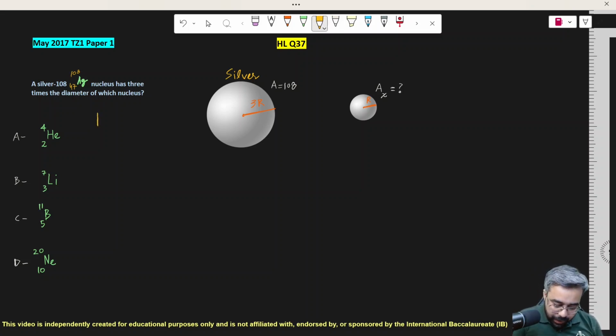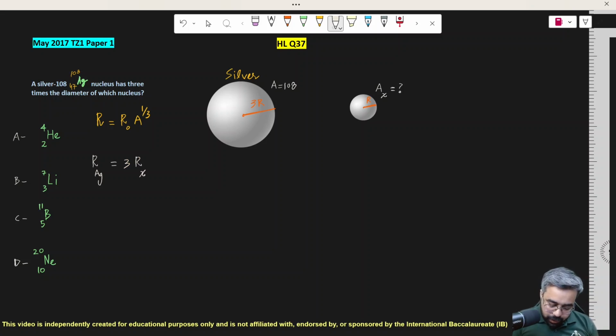So we know that the radius of any nucleus is proportional to the one third power of the nucleon number. That's why I told you in the start that it does not scale linearly, right? So we are going to use this information. We know that the radius of the silver is 3 times the radius of that unknown nucleus.